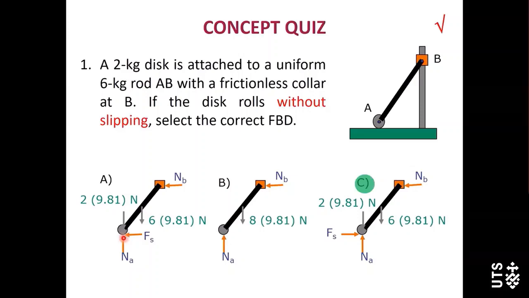So this means the contact point between this disc and the ground will move to the left side. Then step 2, the direction of the friction force Fs must be opposite. It should be to the right side, like this.